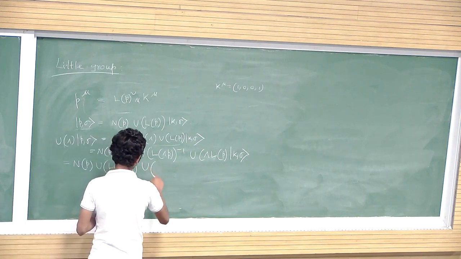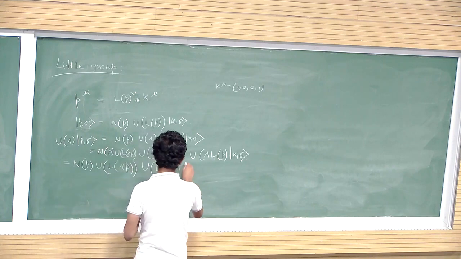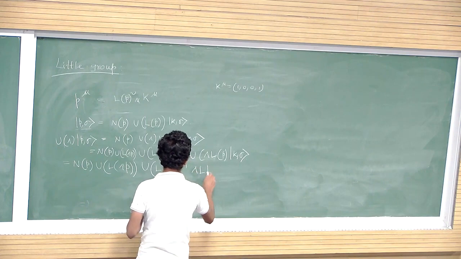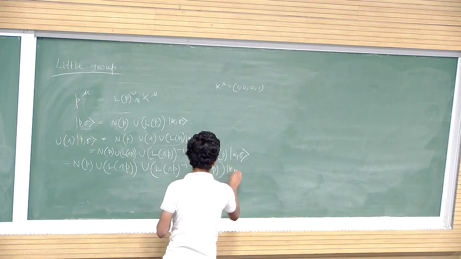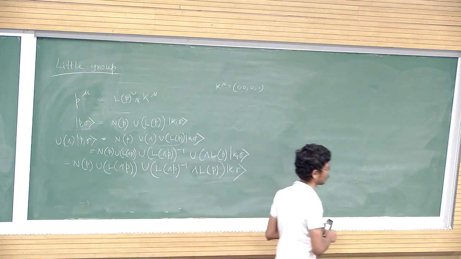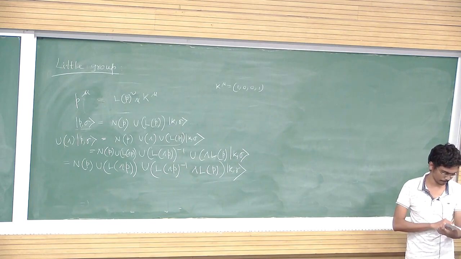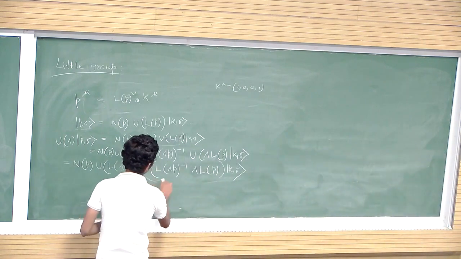So this is again the matrix multiplication rule, P inverse lambda L of P. Now see what this Lorentz transformation is doing.